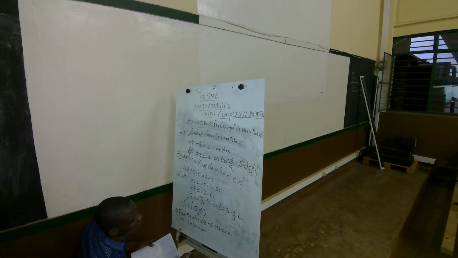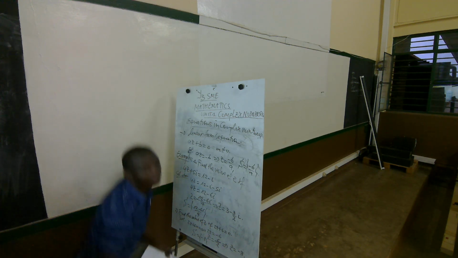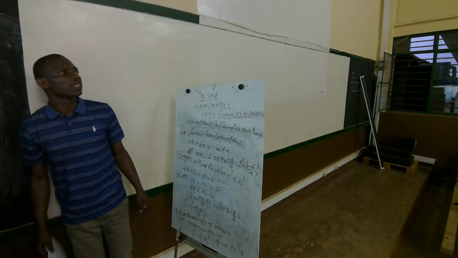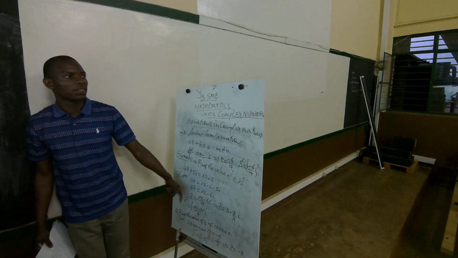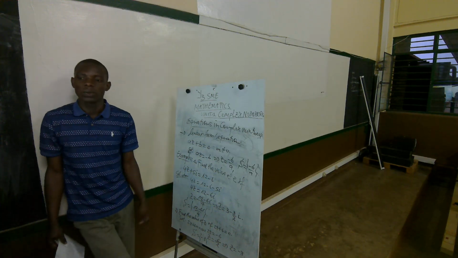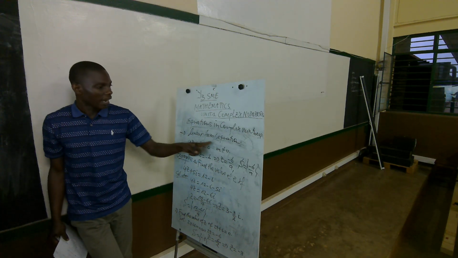This is equivalent to 2z is equal to negative 6, and z will be equal to negative 6 over 2. This implies that z will be equal to negative 3, and our solution will be equal to negative 3. So this is for the case of solving linear equations in the set of complex numbers.